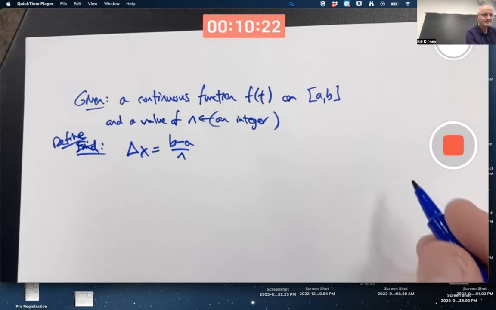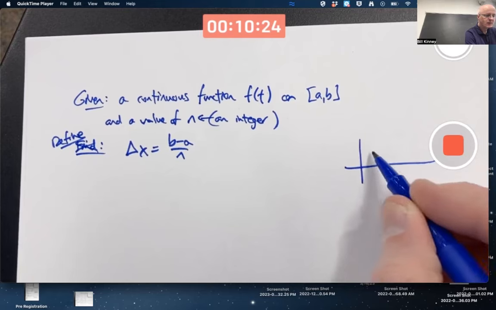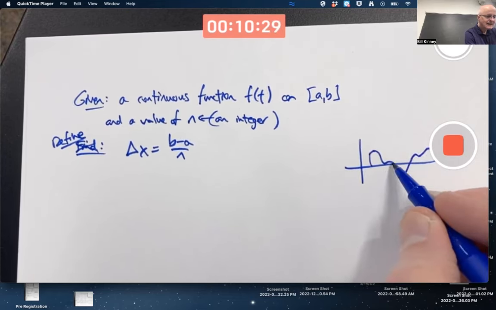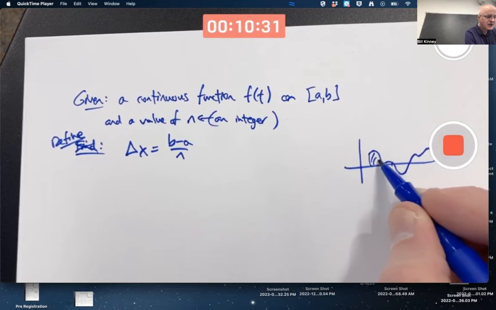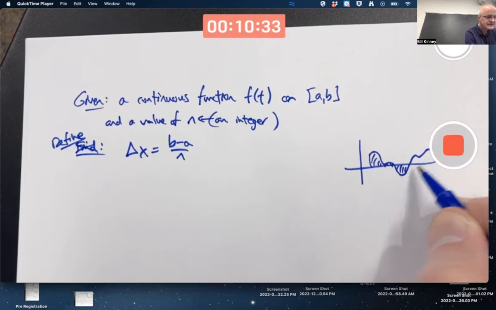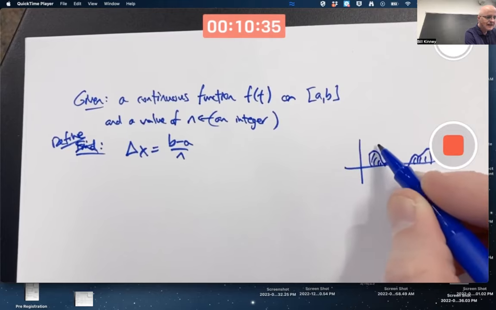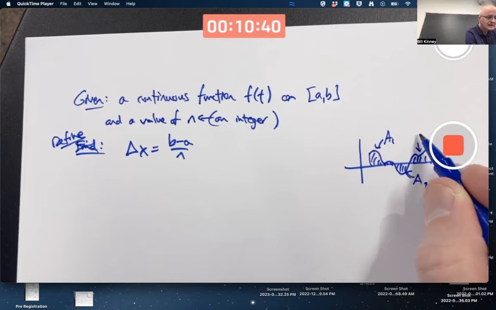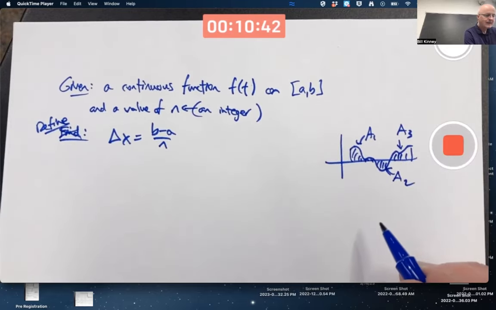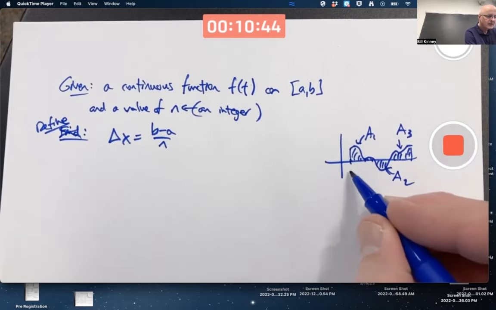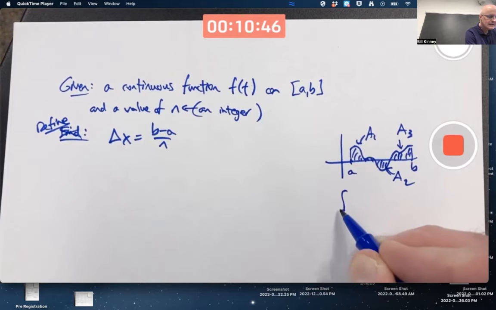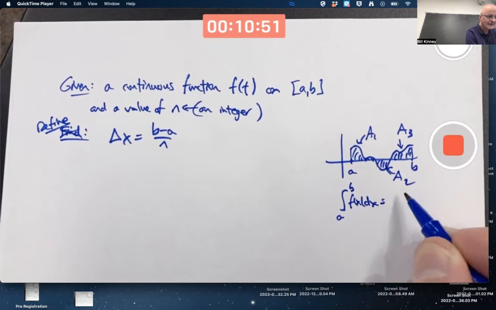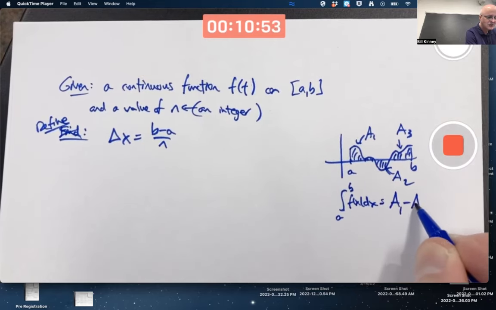In a picture, if it goes both above and below like this, and we think of these areas that I'm about to shade as being positive quantities, that's A1, this is A2, and this is A3. The integral from a to b, we want to define in such a way that it equals A1 minus A2 plus A3.